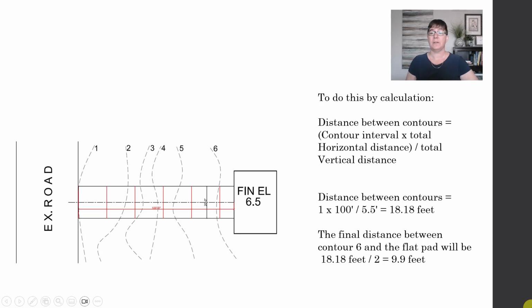You can see that that gives us a distance between contours of 18.18 feet. So that's going to be 18.18, 18 and change here and here and here. And then the final distance is going to be half of that, because it's only going up half a contour interval, and that'll be 9.9 feet.